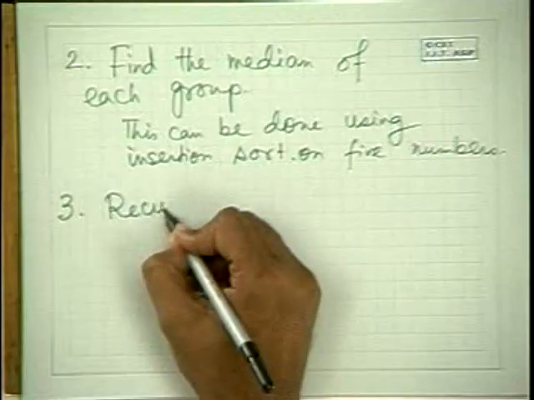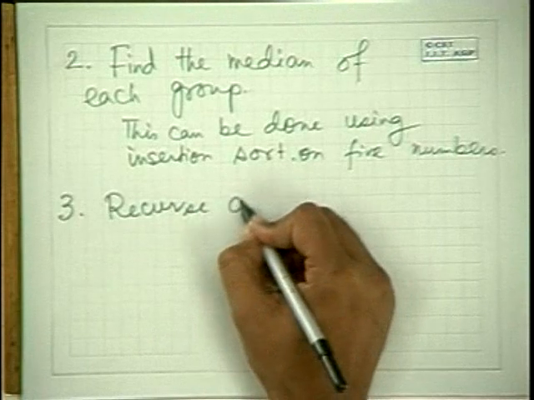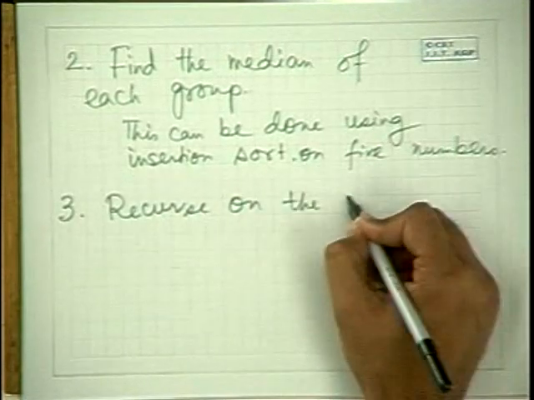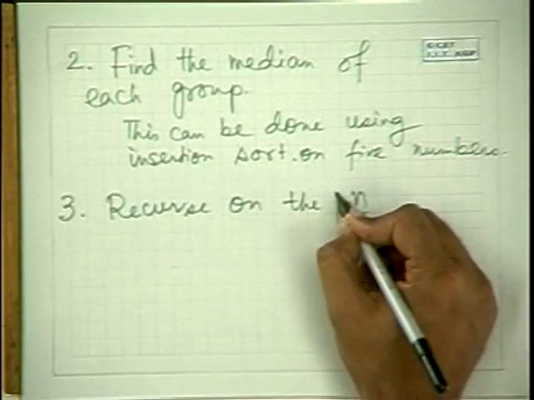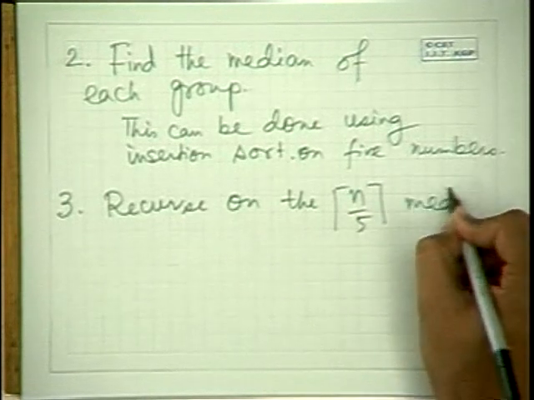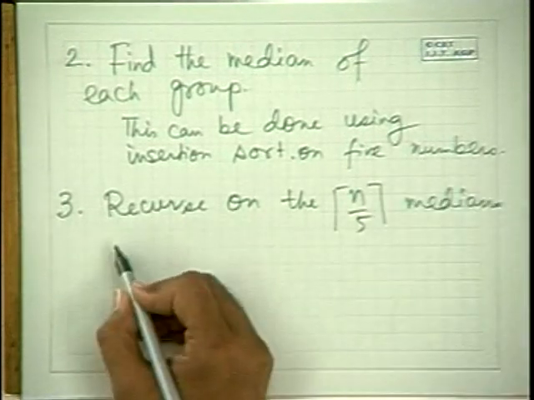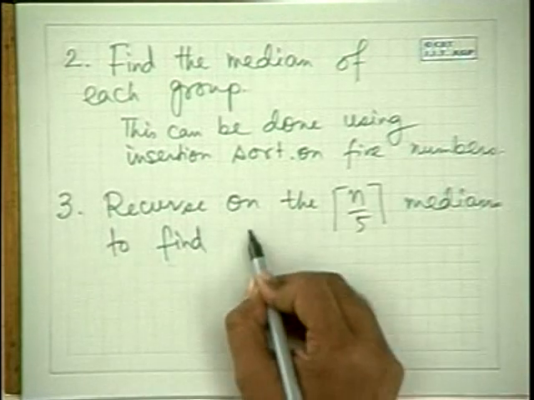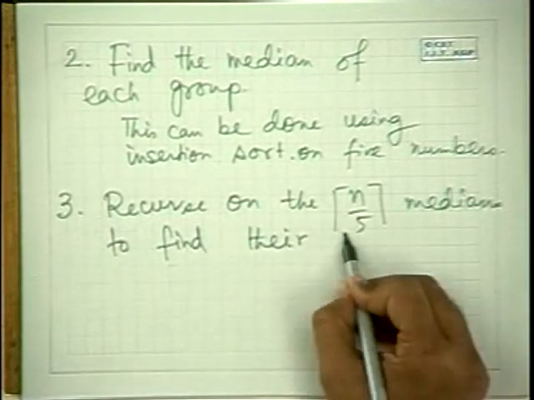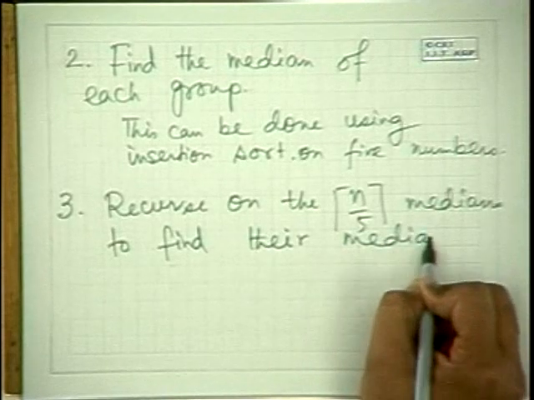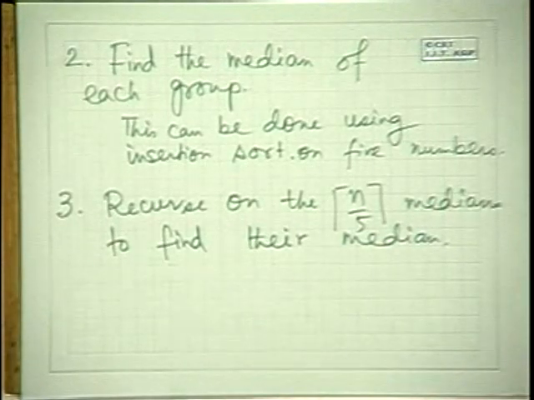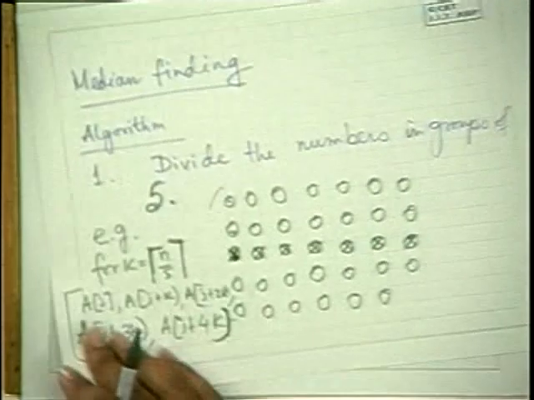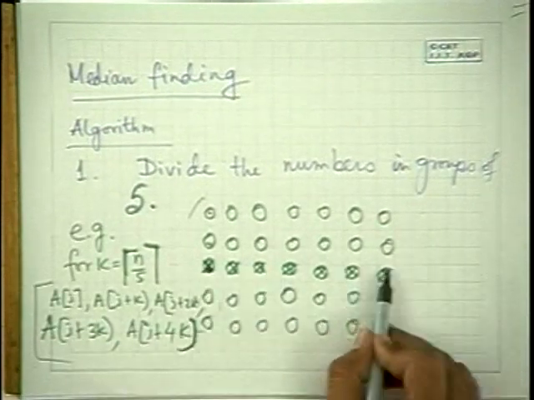So now recurse on the n over 5 medians to find their median. Alright. So in the picture, probably if I take this, oh, this is the nice one.